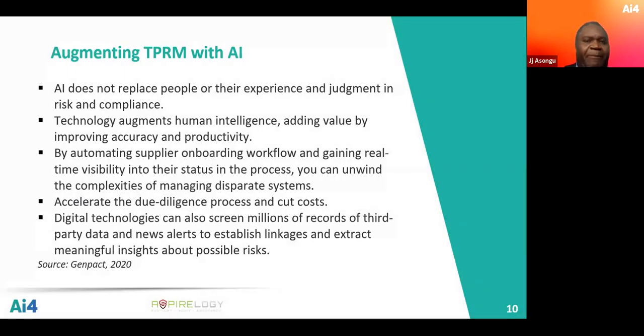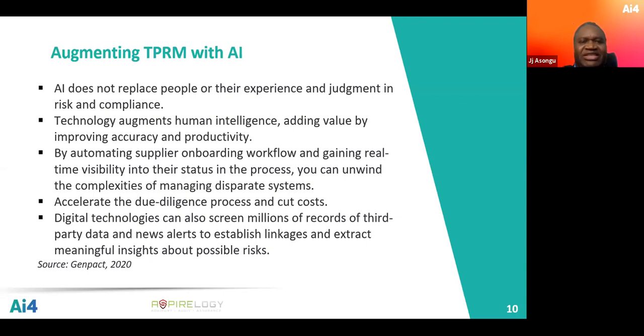Now, in the past, as I mentioned at the beginning, most of our third-party risk management was basically focused on data. Today, it is important to use artificial intelligence to help us identify some of those challenges, some of the issues in third-party risk management.